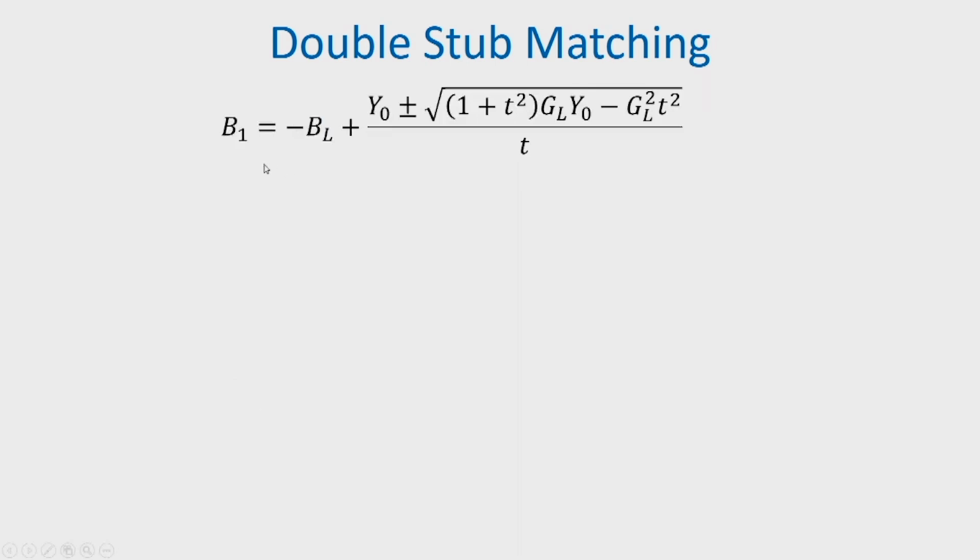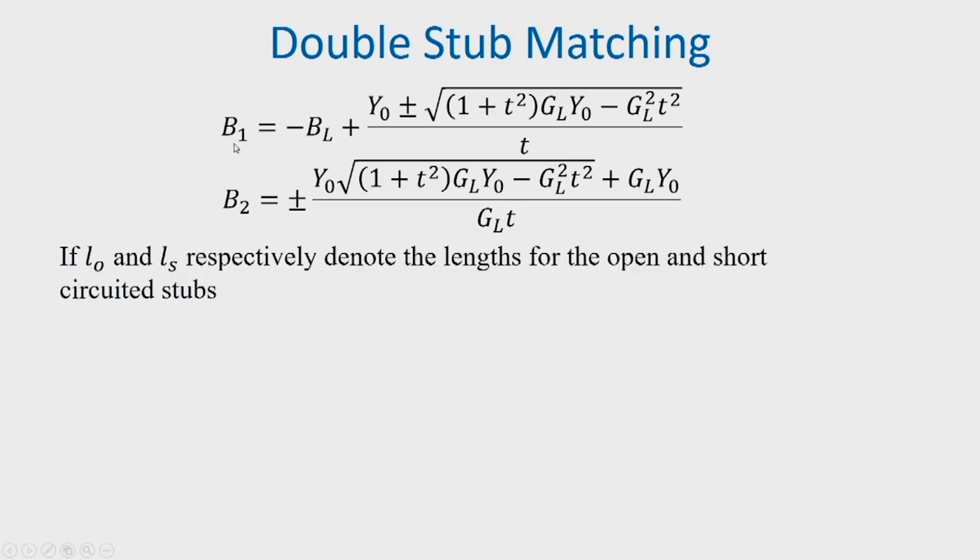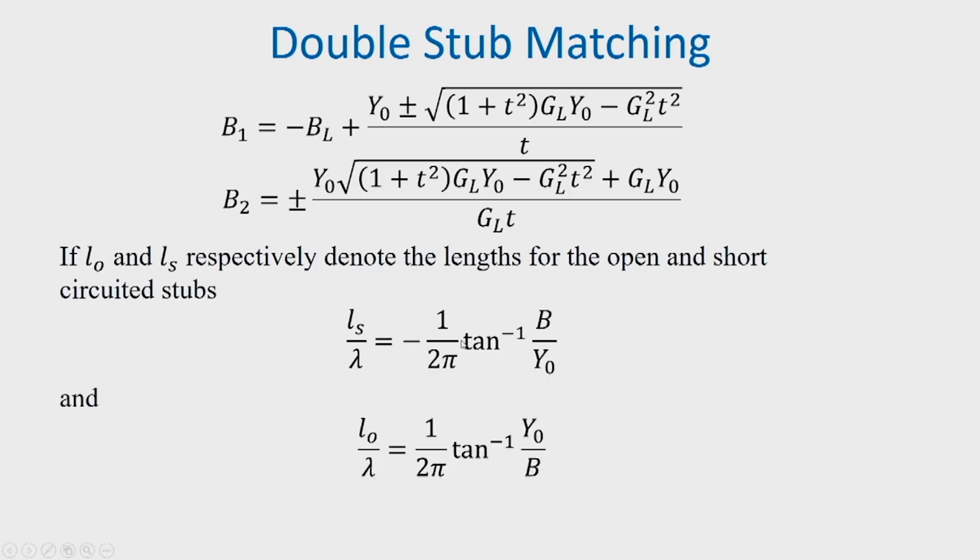Similarly, we can find out the expression for B1 and B2, and once we calculate B1 and B2, we can calculate the lengths of the open and short stub by these relationships, where this B is either B1 or B2.